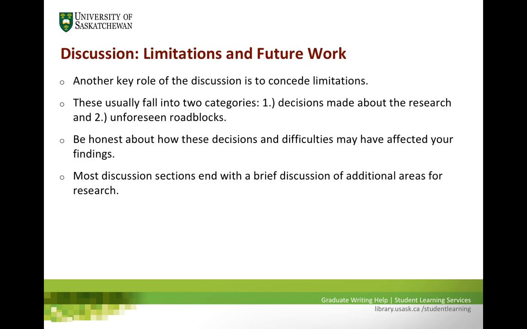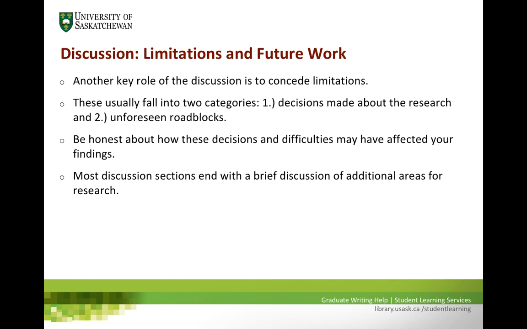And you can see from looking at that a key role of the discussion section is to concede limitations, okay? And there are usually two categories that these fall into, and you could see one of these at least at work in the extract. One category is decisions made about the research and unforeseen roadblocks.